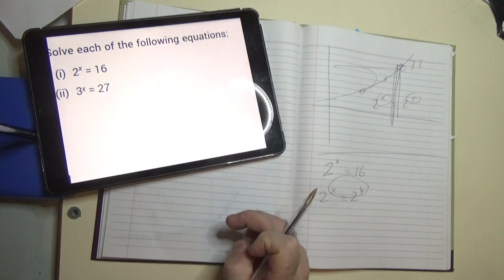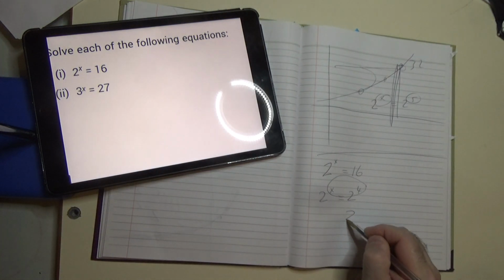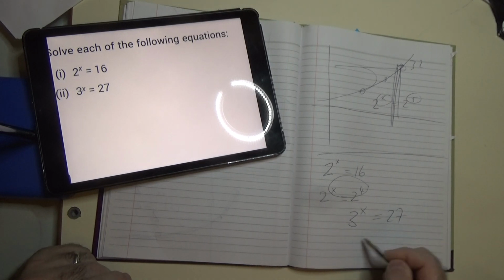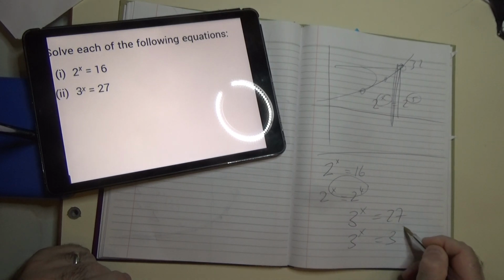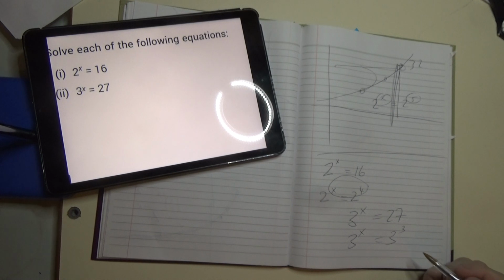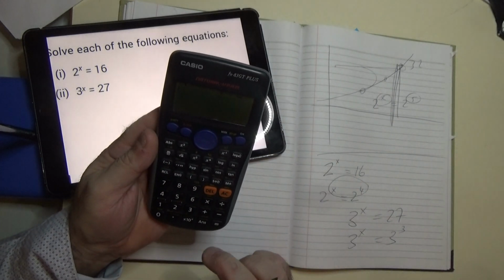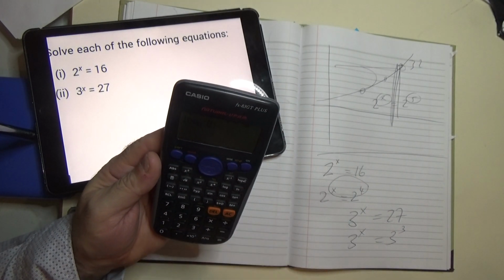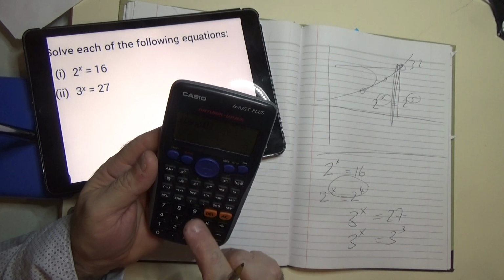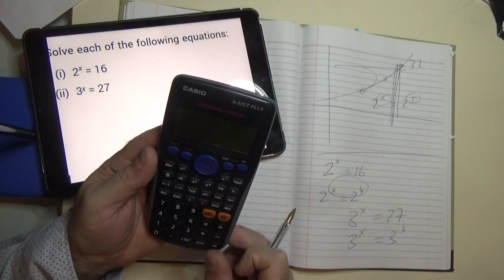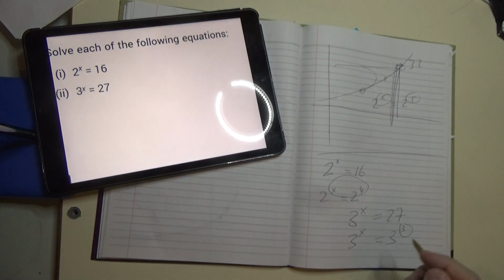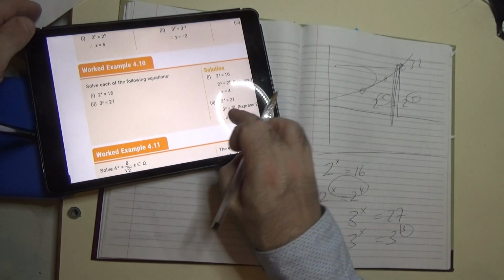X is 4. 3 to the x equals 27. So hopefully you say, yeah, sure, 27 can be written as 3 to the 3. But if you don't, you go log base 3 of 27, and you convert it away like that, and you get your answer of 3.